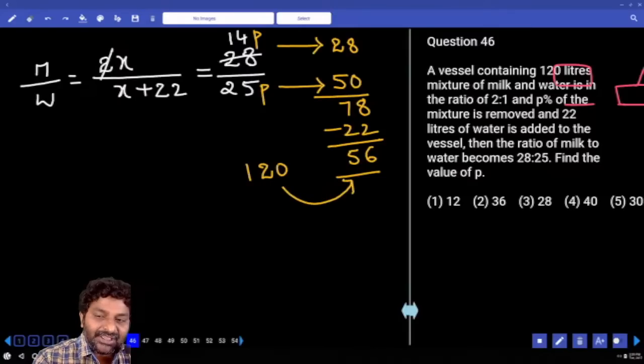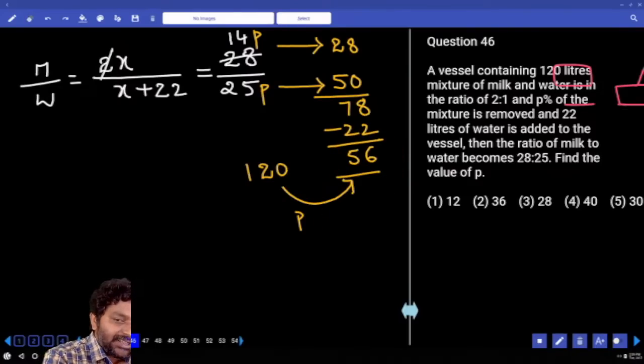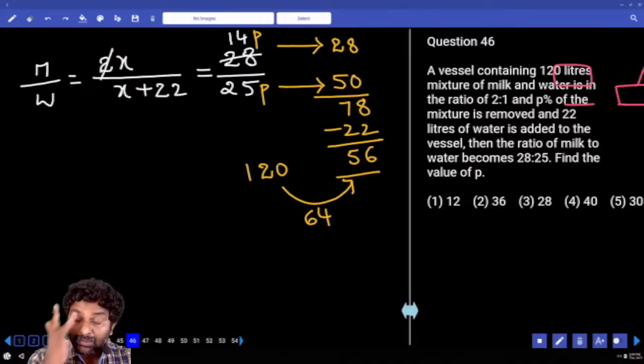Some percentage, that is P percentage of the quantity is taken out. And this is what the remaining quantity. Agreed or not? That means out of 120, if you have 56, how much quantity is taken out? Come on. 64.